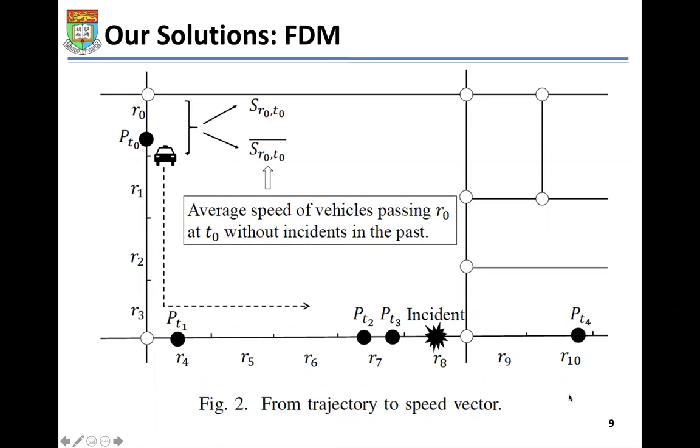To get the normal speed on Ri at Ti, we aggregate the trajectories which passed through Ri at the same time without being involved in any incident. Our idea is to discover incident patterns by comparing the incident speed vector and the normal speed vector, as the incident impacts the speed of vehicles which pass through the incident location.